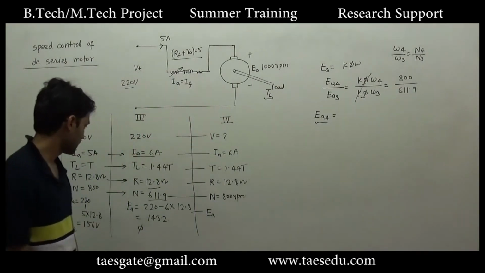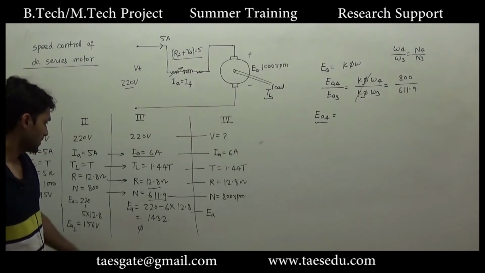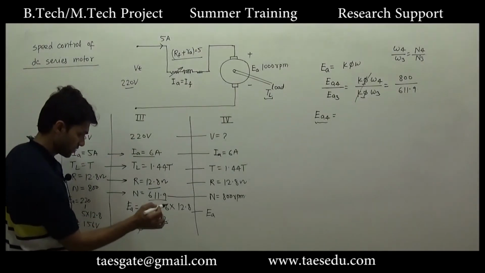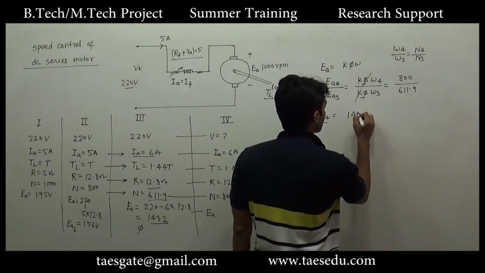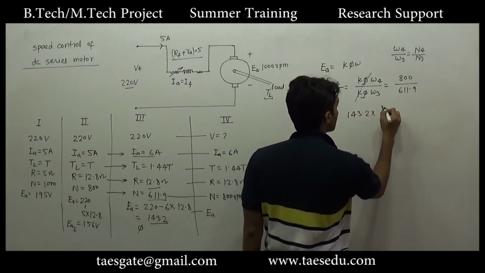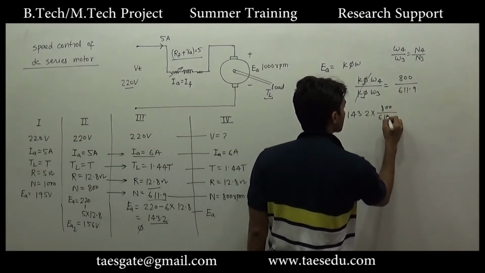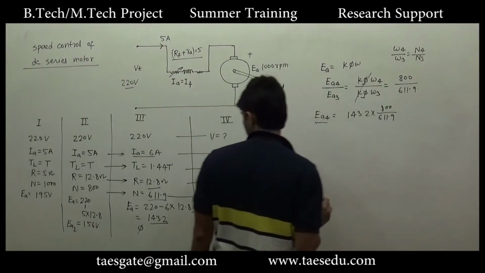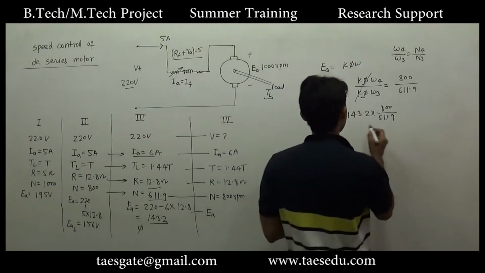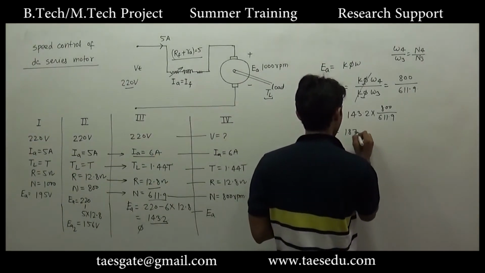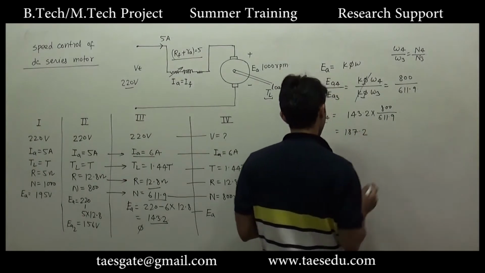So EA4 will be, EA3 is 143.2 volt, so 143.2 into 800 divided by 611.9. This is 187.2 volt.